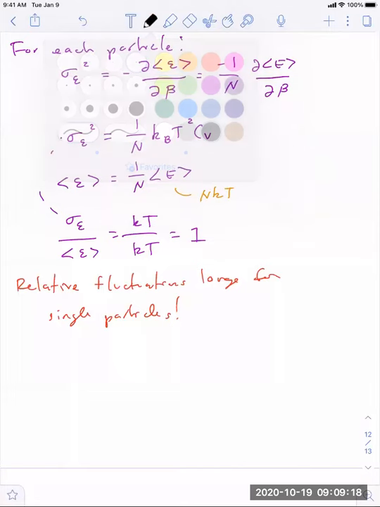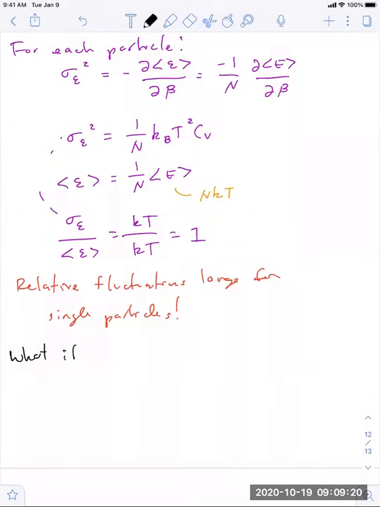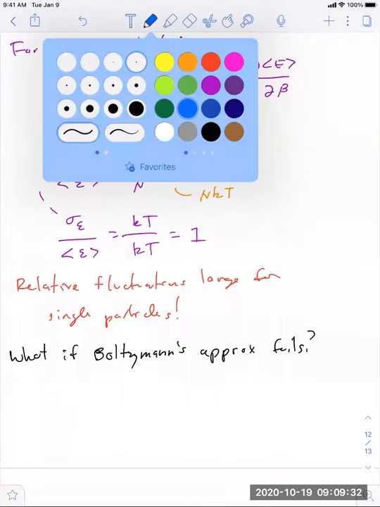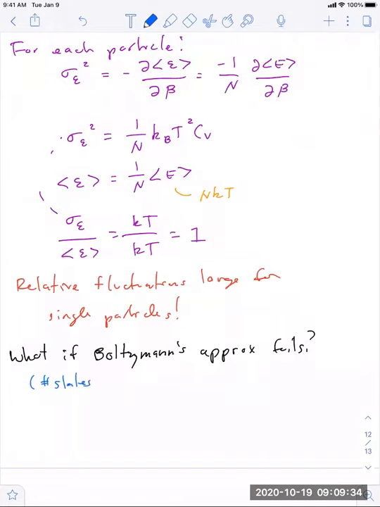All right, so what if Boltzmann's approximation doesn't work? This might be when the number of states is kind of equal to the number of particles, which might be low T or high density, among some other different parameters.